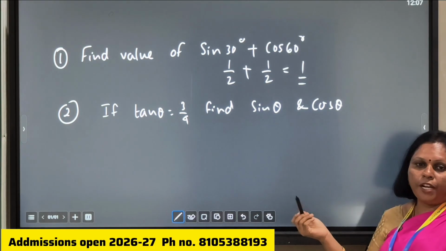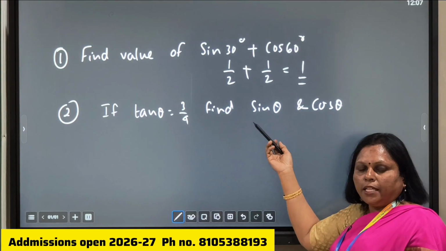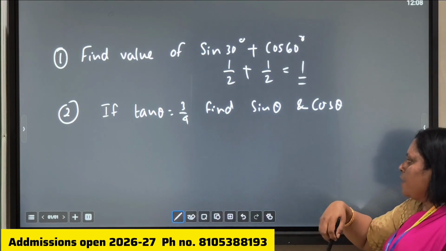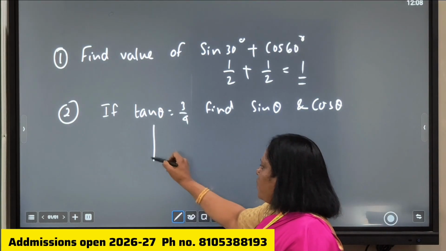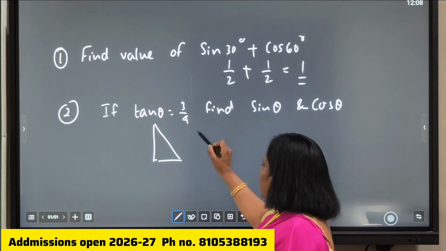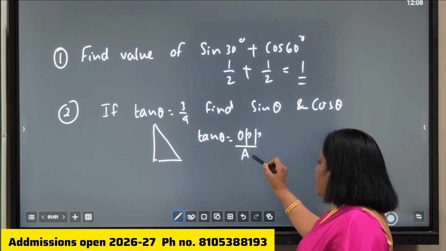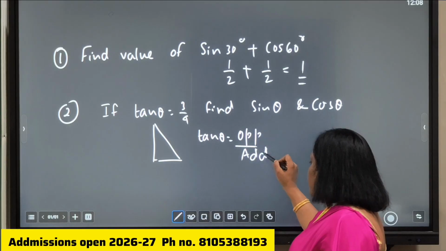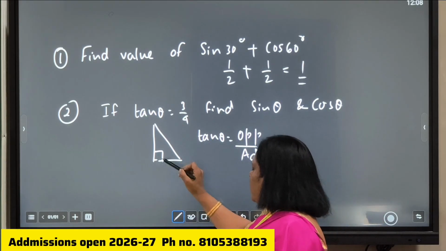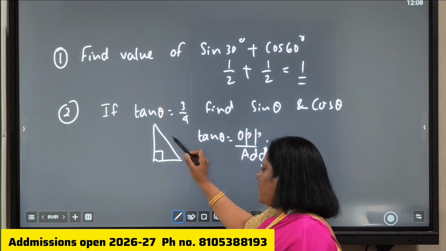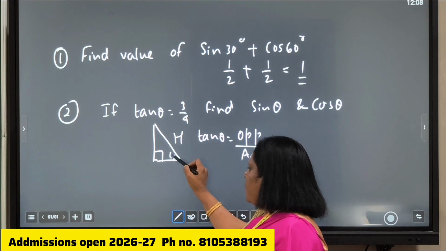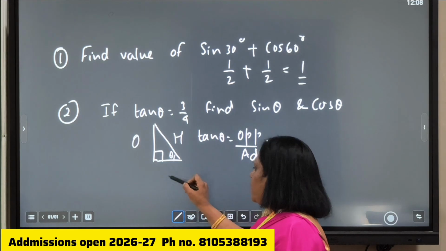They can ask in different methods. They can give the value of sine theta or cos theta and ask you some other trigonometrical ratio. First for this we will draw a triangle, and we know that tan theta is opposite by adjacent side. We have a right angle triangle with the hypotenuse, and if I say this angle is theta, this will be the opposite and adjacent.